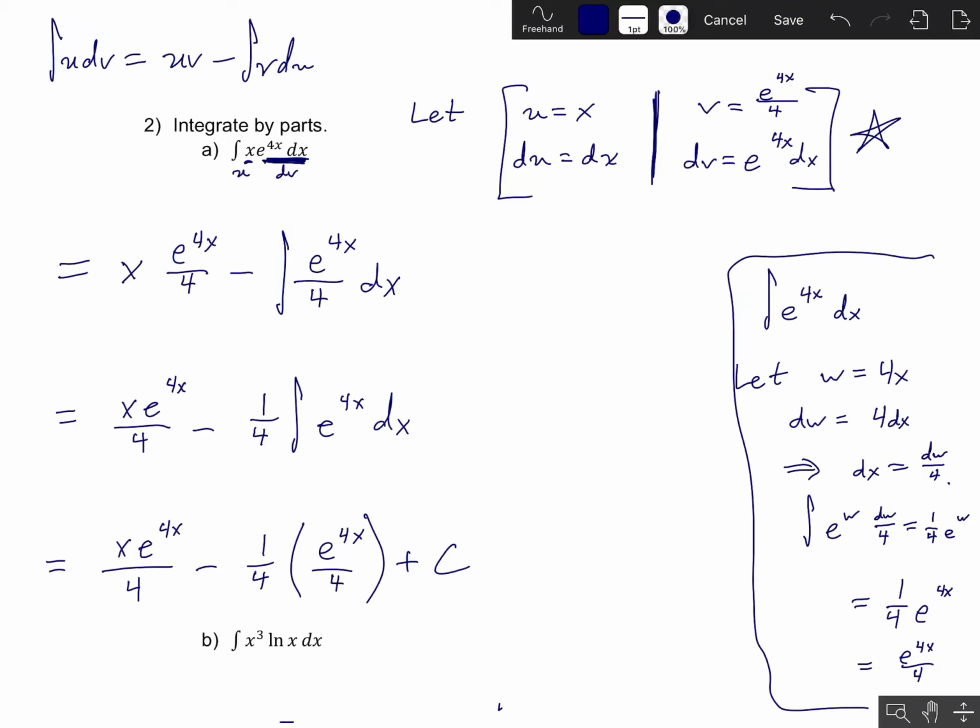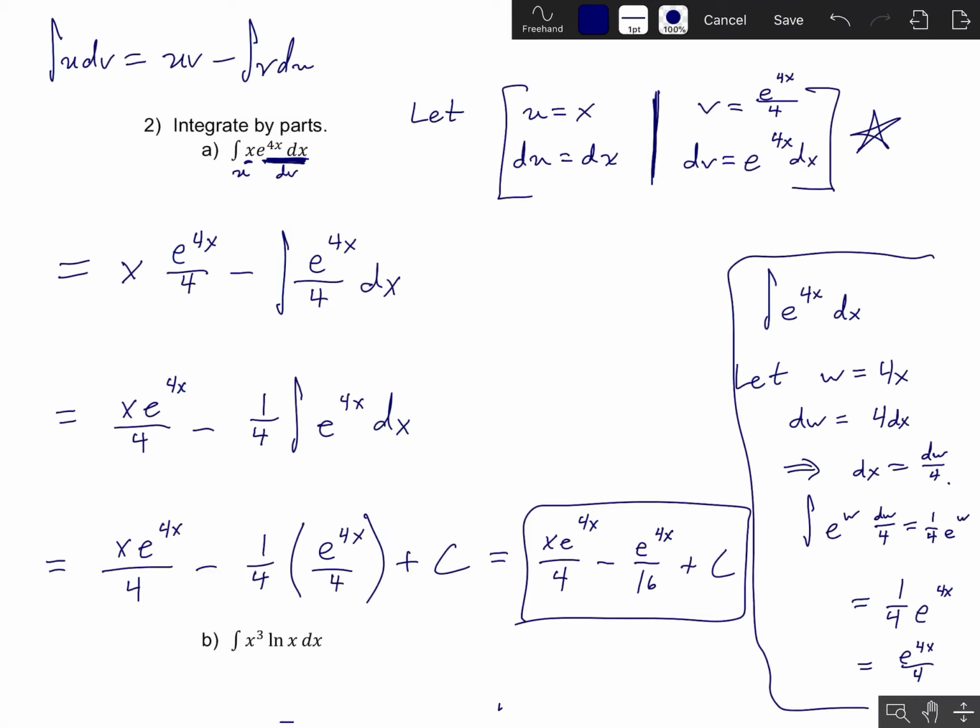And because we just took an antiderivative, I'm going to add c. But notice that now we're done integrating. So we've now found the antiderivative of this expression that we started with. So this would be x times e to the 4x over 4 minus e to the 4x over 16 plus c. So that's our antiderivative.